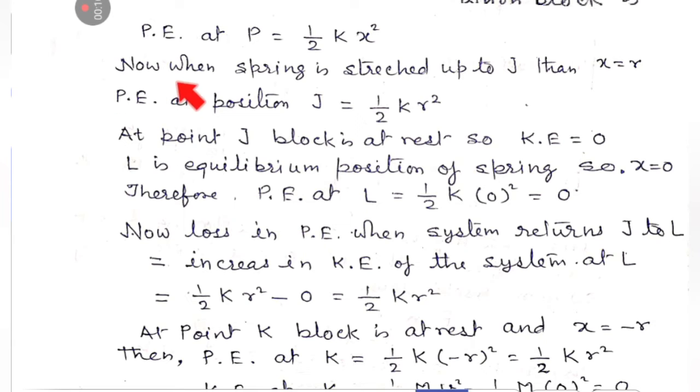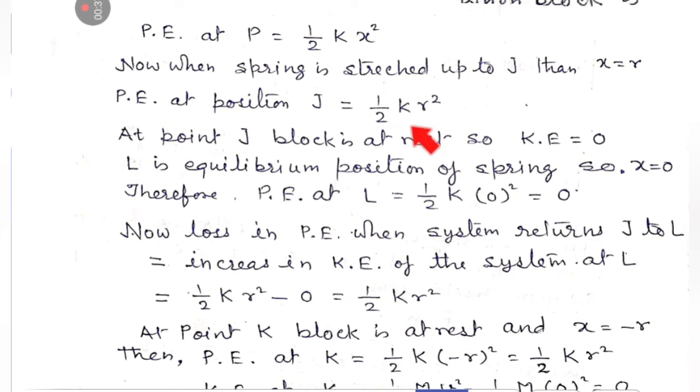Now when the spring is stretched up to J, then x is equal to R. Then potential energy at position J is half kr square. When we put x equal to r in this equation, we get potential energy at J as half kr square.